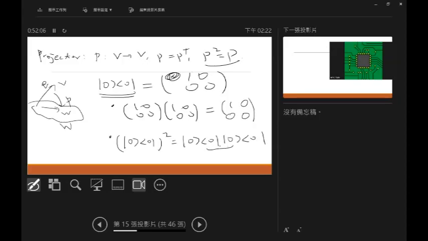Whenever you see a bra and a ket, they combine and become a bracket. So what is <0|0>? This is the inner product of |0> and |0>, which is 1. So this squared is |0><0|. These are the same. If you forget about this bracket notation, you can go back to the linear algebra and make sure you understand. This is just the notation.